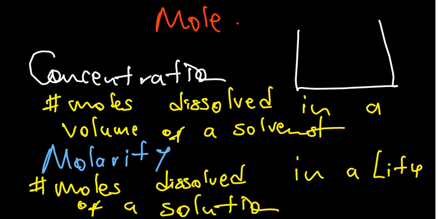Now I'm saying molarity is a concentration, except it has got specific units. Concentration is general. What I'm trying to say is this. For concentration, you may have the number of moles of that solute that you put there, per, let's say the volume was measured in cubic centimeters. That is also a unit of that concentration.